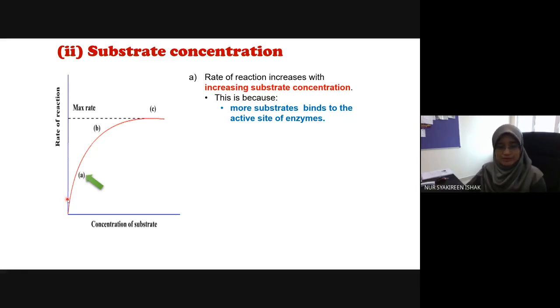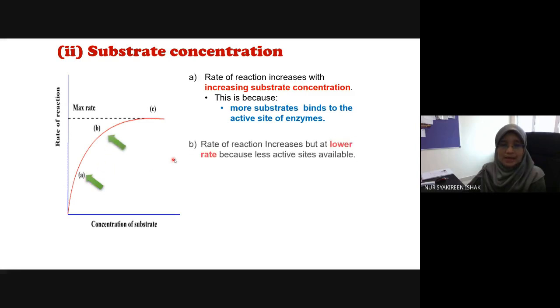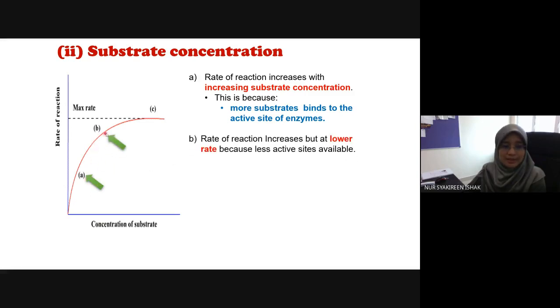But as you keep on increasing the substrate concentration, you see here the rate of reaction starts to slow down. Dia tak setinggi macam ni, nampak? So this is a rapid increase of rate of reaction because you have plenty of enzyme to catalyze the reaction and bind to the substrate.